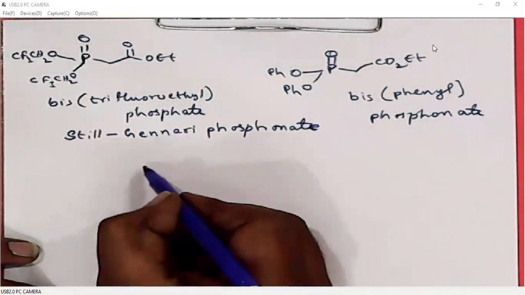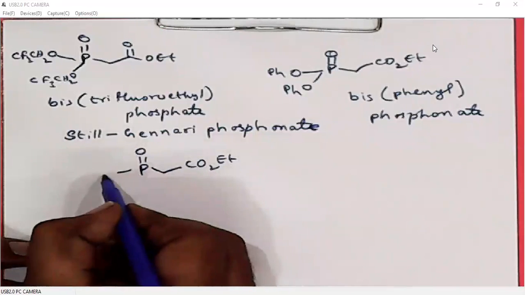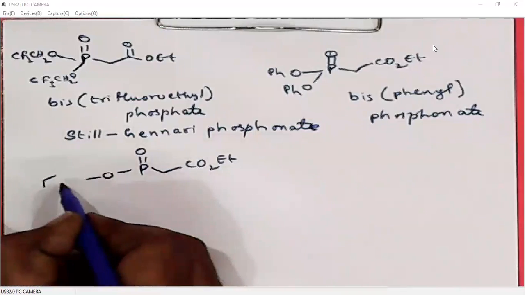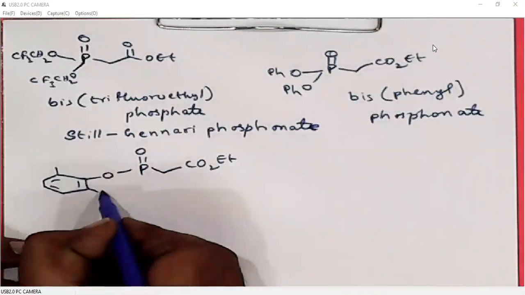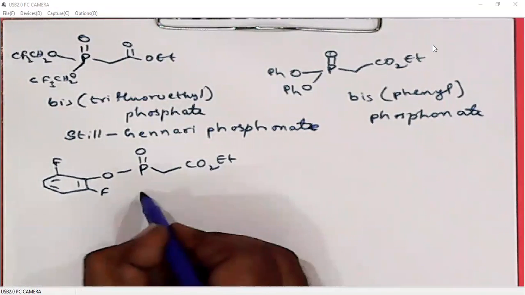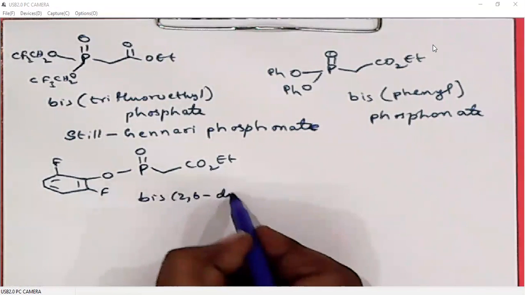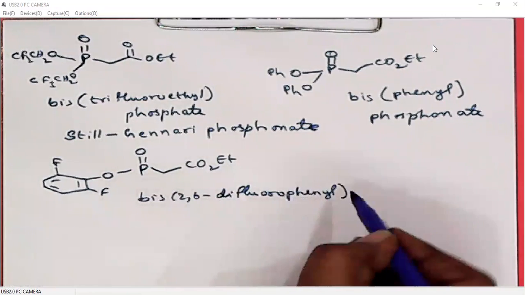We also have one more reagent, the Ando-type, which is called bis(2,6-difluorophenyl) phosphonate.